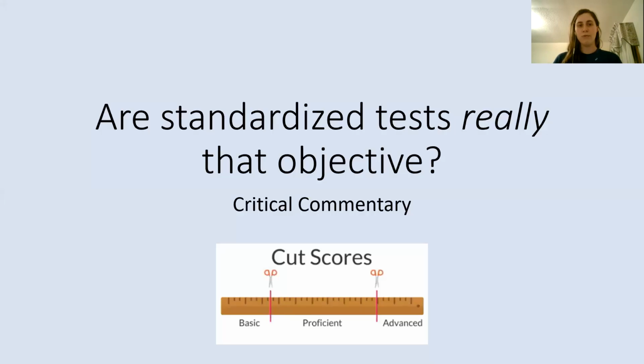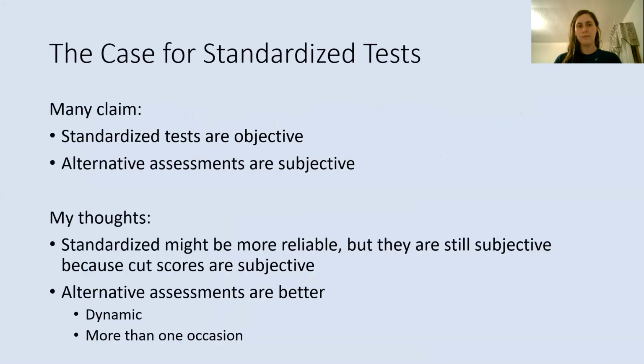All right, so now we'll go into my critical commentary, where one of my questions is, are standardized tests really that objective? Many claim that standardized tests are objective, and that's why we like them so much, because the traditional assessments really value objectivity, and people think that alternative assessments are subjective.